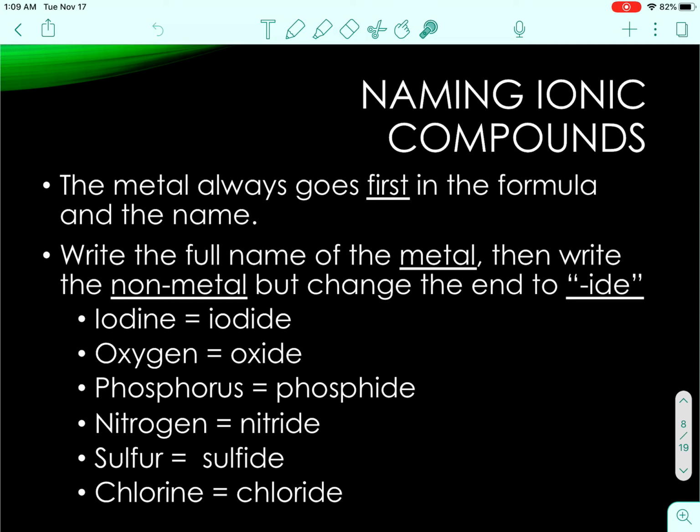So this is when these nonmetals are in their ion form, is when they get the ide ending. I had some people ask me in the beginning of the year, they didn't realize that chlorine and chloride were the same thing. They are talking about the same element, but chlorine is talking about a neutral atom and chloride is talking about a chlorine ion. So that's the difference here.